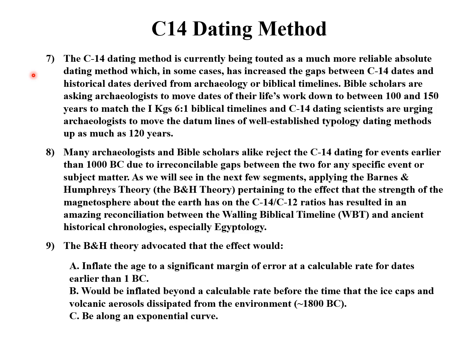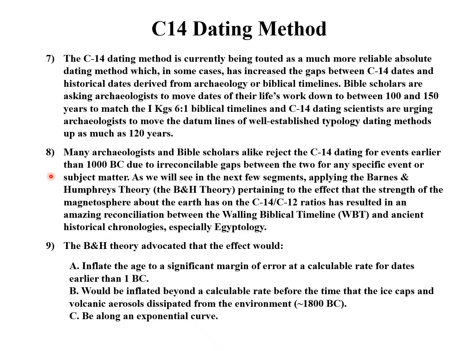So there's about a 200 year difference between carbon-14 dating and the biblical timeline, and about 100 years difference between archaeology datum lines. Many archaeologists and Bible scholars alike reject the carbon-14 dating for events earlier than 1000 BC due to irreconcilable gaps between the two for any specific event or subject matter.